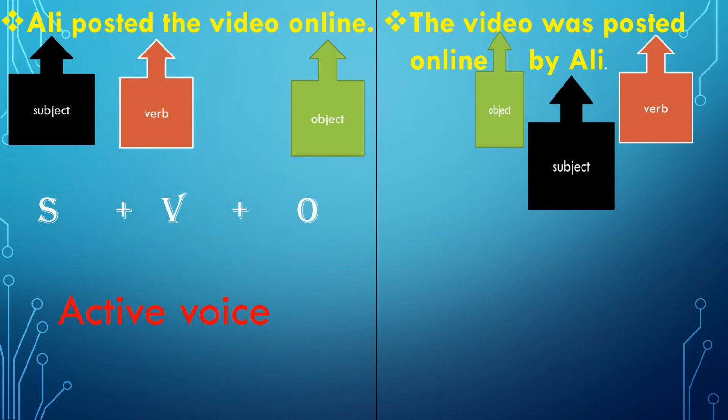As we can see in the sentence, the structure is O plus V plus S. So this structure of a sentence is known as passive voice, that is object plus verb plus subject. So this sentence, "The video was posted online by Ali," is a passive voice sentence.